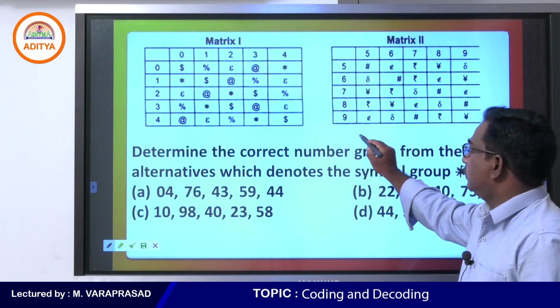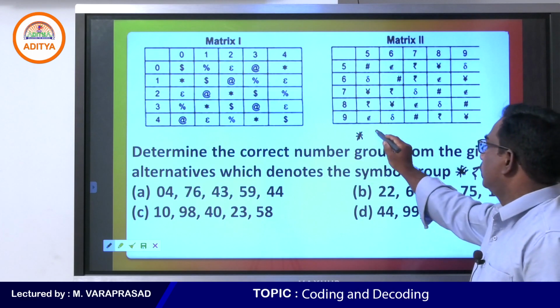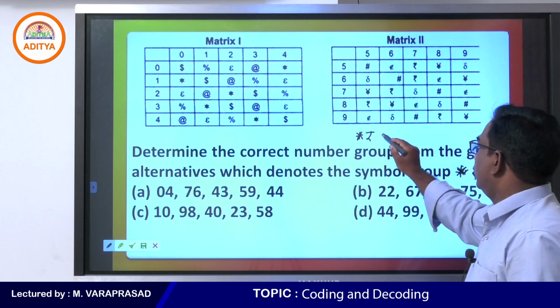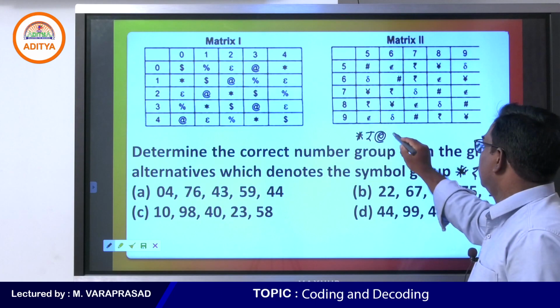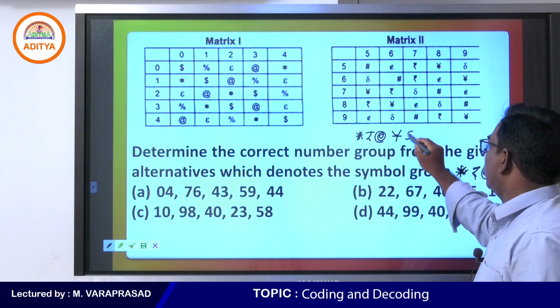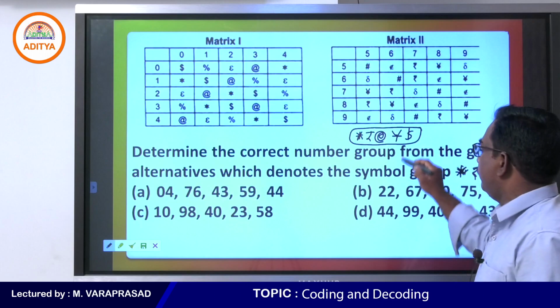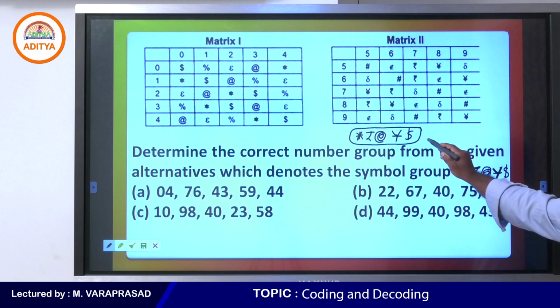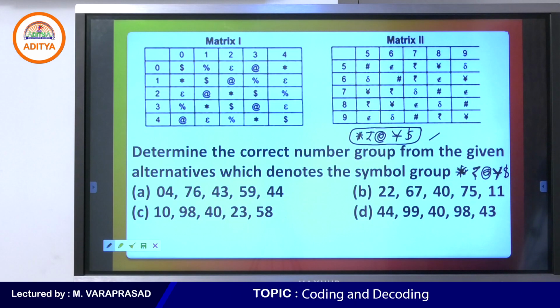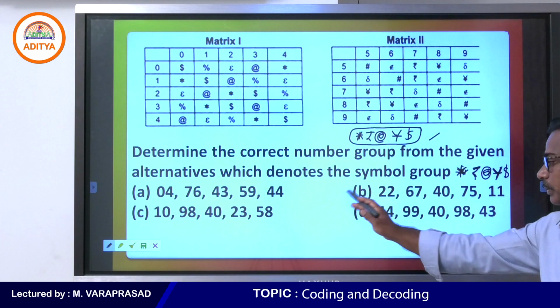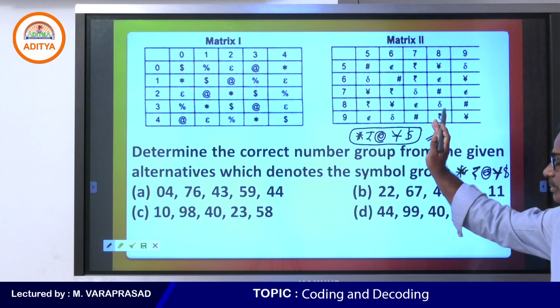You need to find, for star, rupee, at the rate, this symbol and this one, which one is the correct option. This is the question: which option is giving the correct answer for these symbols?